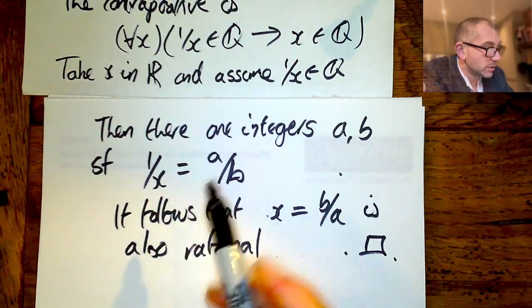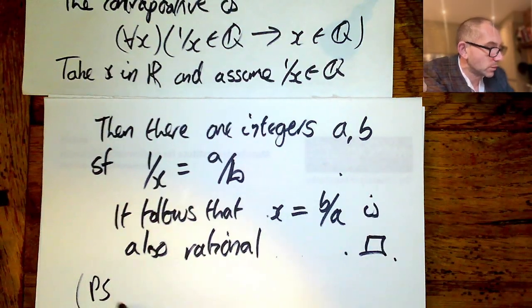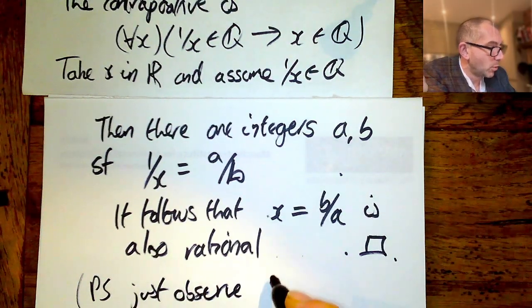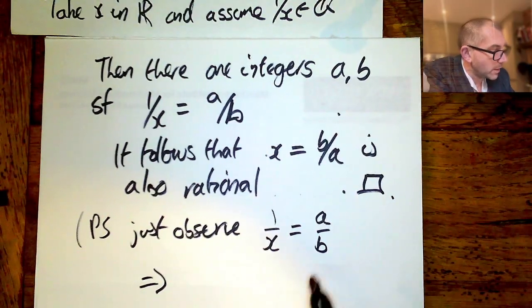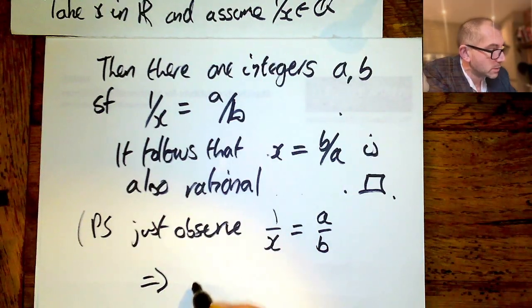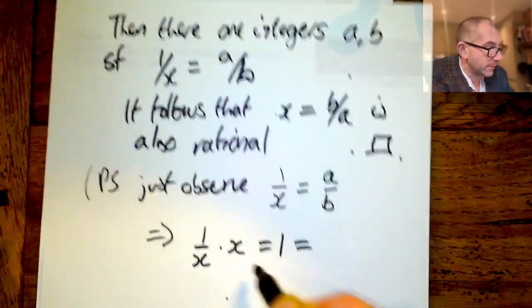In any case, just as a postscript, if you wanted to know why this does work, just observe 1 over x equals a over b implies that, if I say that 1 over x times x equals 1, we know that's true by the definition of 1 over x.